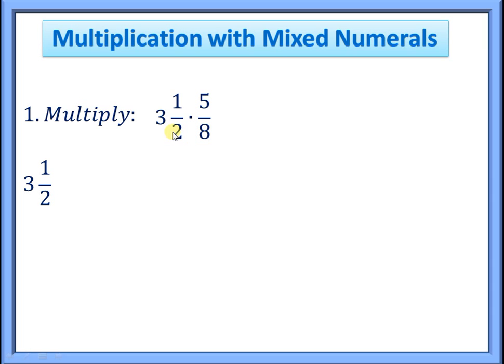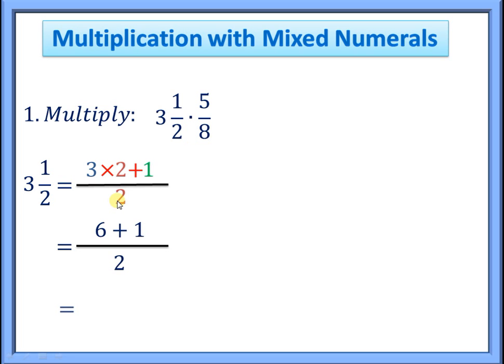So see how it looks. What we're going to do is multiply 2 by 3 and then add 1. So we have 3 times 2 plus 1, and then we copy the denominator. 3 times 2 gives us 6, plus 1, all over 2.